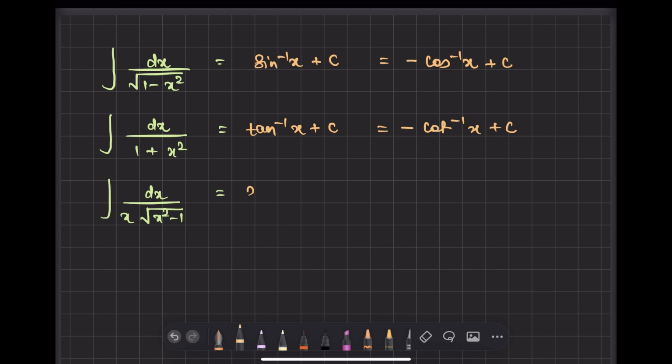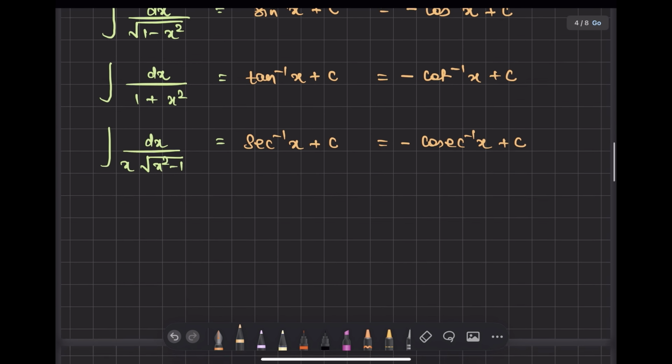Then sec inverse x plus c, and minus of cosec inverse x plus c. Now you have to connect these formulas with the upcoming formulas. Now you have so many cases, so again you have to go back and revise everything.